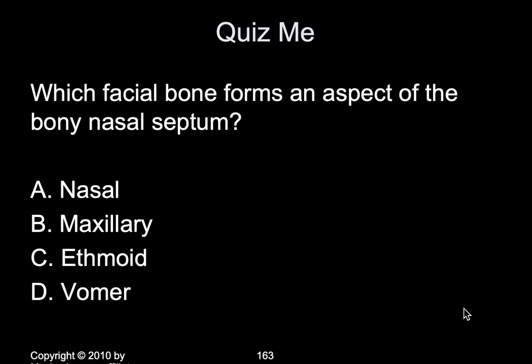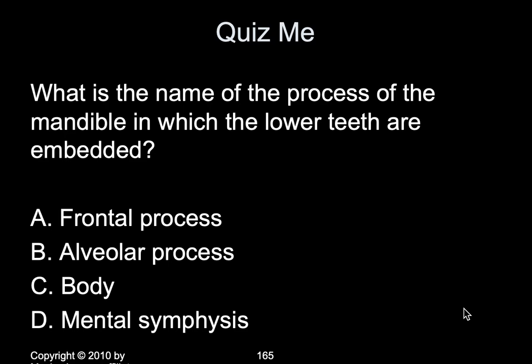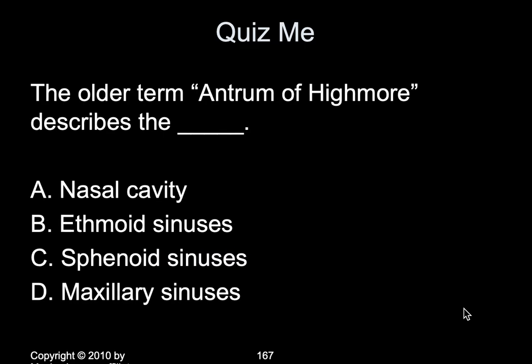Tear. Which facial bone forms an aspect of the bony nasal septum? The vomer bone. What is the name of the process of the mandible in which the lower teeth are embedded? The alveolar process.